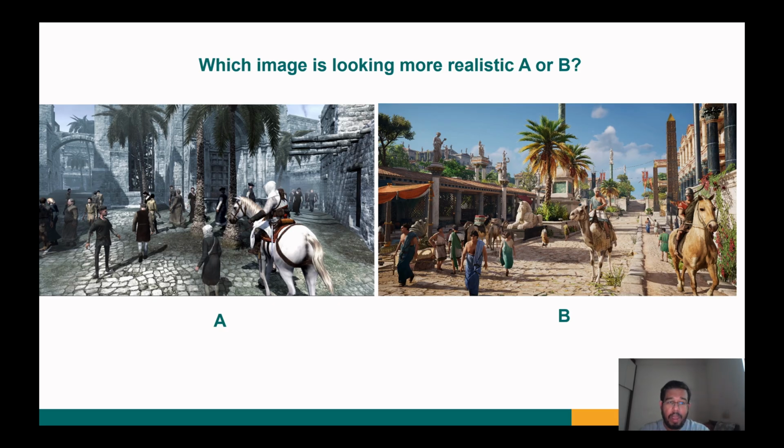Okay, so A is when Assassin's Creed first came out. This is the first game of Assassin's Creed, and B is Assassin's Creed Origins. By the way, I took these images as a reference from Google.